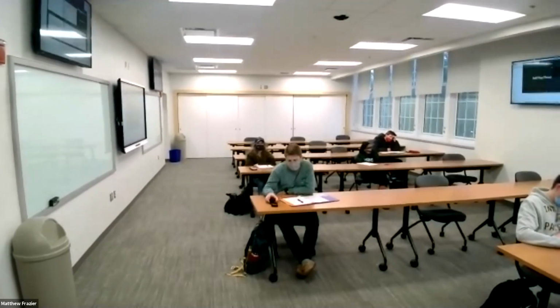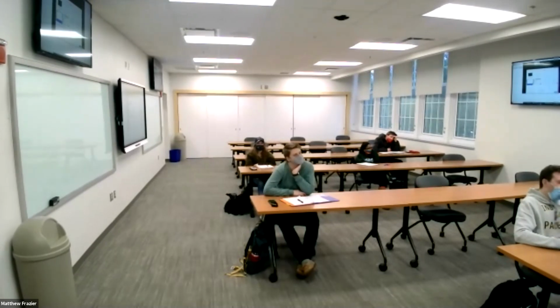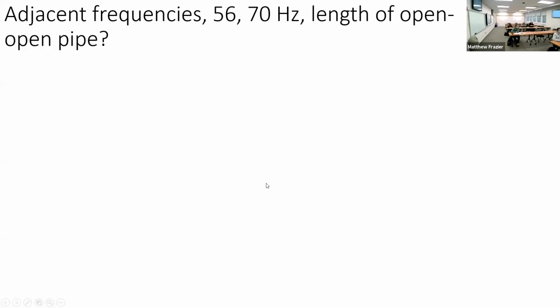So I want to do an example where we're looking at adjacent frequencies and you don't know what the fundamental is. The example that comes up in tests seems reasonable.